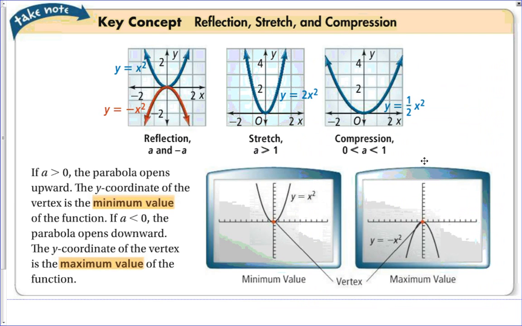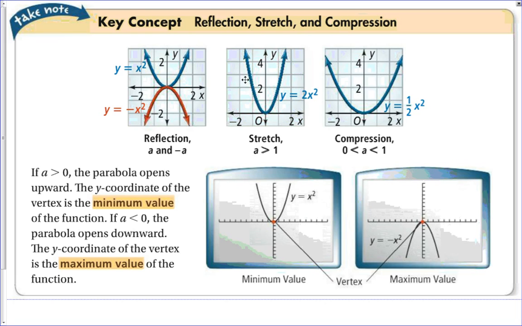Now, these two highlighted words, minimum value and maximum value, are vocab words. So I want you to write this down. Key concept: reflection, stretch, and compression. Reflection, a and negative a. If a is positive, it opens up. If a is negative, it opens down, and it causes a reflection over the x-axis.